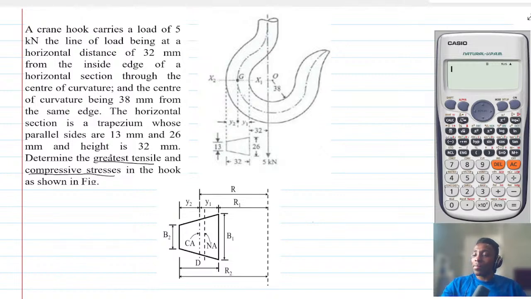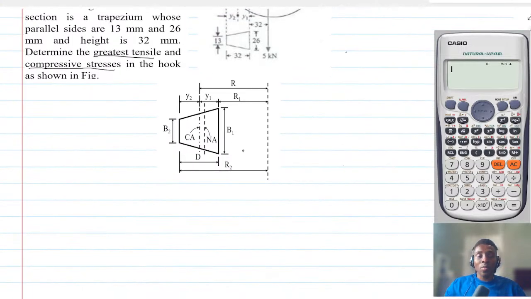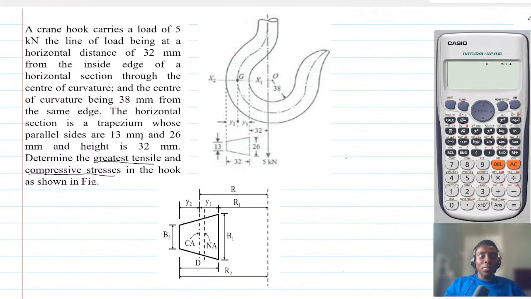Now, if you look at what we have here, you will see that a crane hook carries a load of 5 kilonewton.